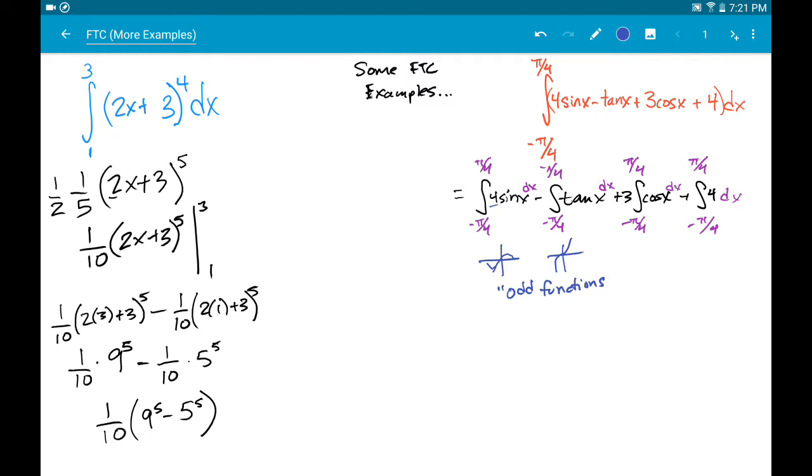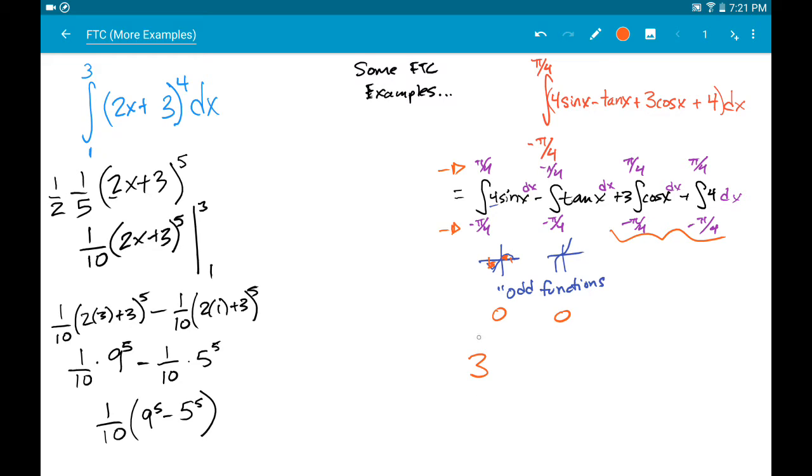And so the hint here when you're learning these strategies is when you have negative pi over 4 to pi over 4, you're going to have a balance where both of these integrals actually go to 0. So all we really need to worry about calculating is the rest of this. Because these first two end up being 0, we don't have to waste our time doing the fundamental theorem.